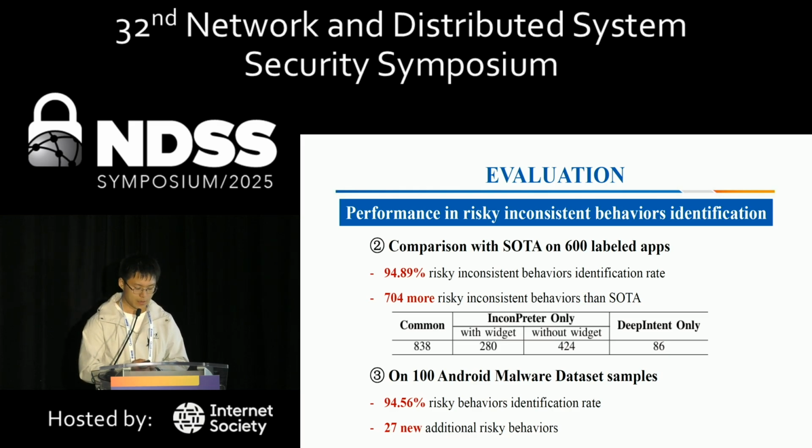Additionally, InconPreter identifies 704 more inconsistent behaviors than SOTA. On the Android malware dataset samples, InconPreter achieves a 94.56% risky behavior identification rate, and we also identified 27 new risky behaviors.